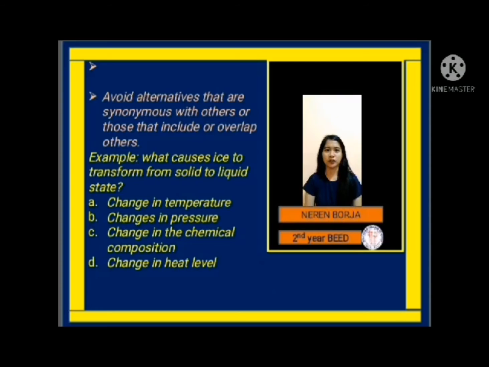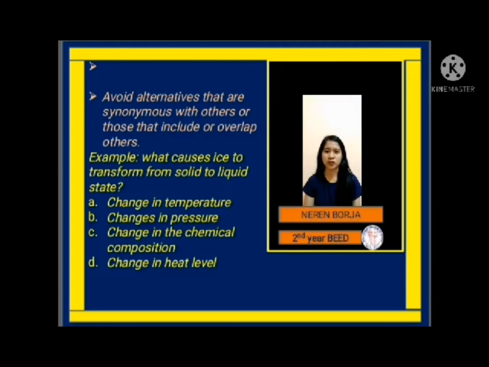Next, avoid alternatives that are synonymous with others or those that include or overlap others. So for example, what causes ice to transform from solid to liquid state? A. Change in temperature. B. Change in pressure. C. Change in the chemical composition.